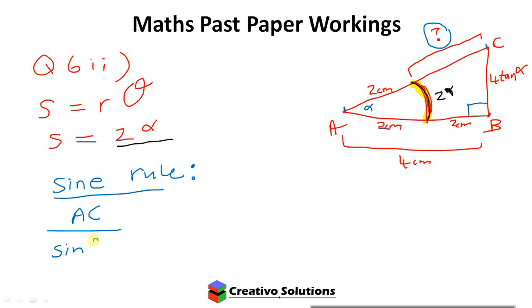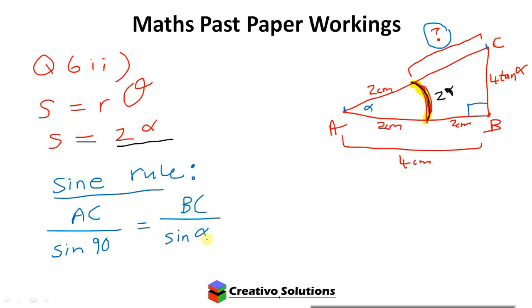That will be sine 90 equals. Then I need another side. I know this angle is alpha, and I know BC is 4 tan alpha. So BC over sine alpha.